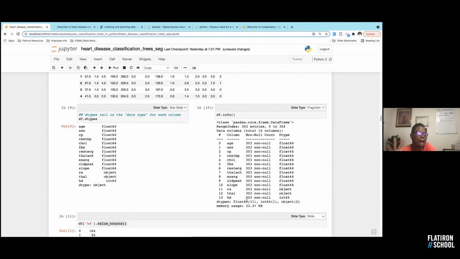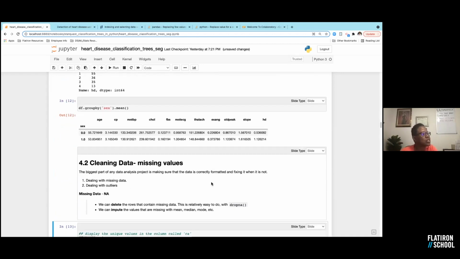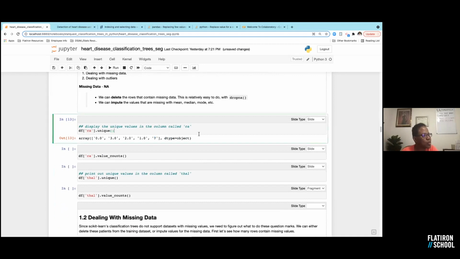So that would imply that there are no missing values, right? But when we dug deeper and used nunique, we see that we have a question mark in there. And so that is being essentially recognized by our data frame as a value. Of course, it isn't, and we wouldn't be able to use it in our modeling. So we would have to take care of that.